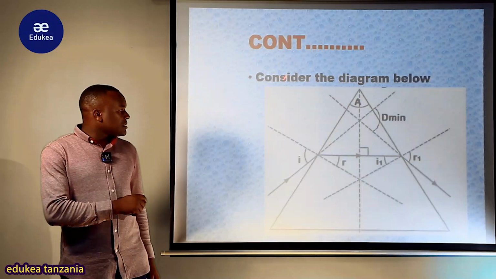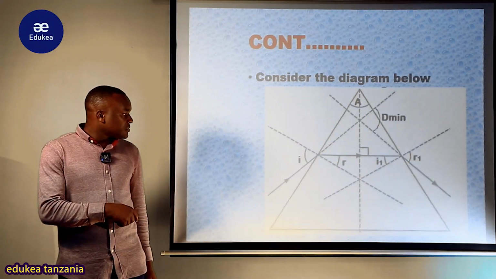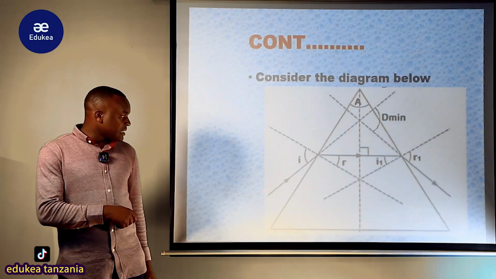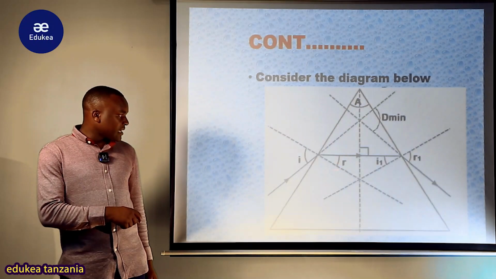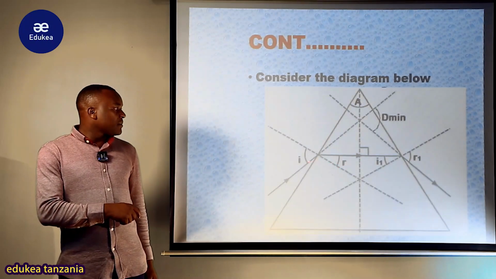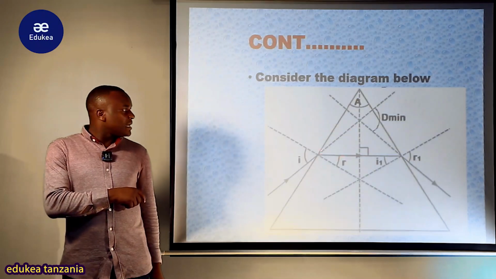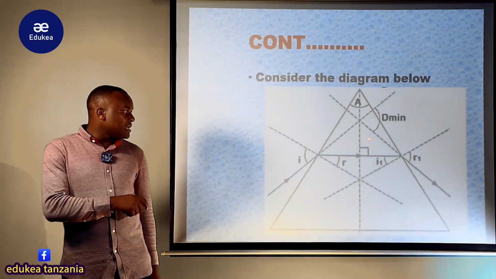So unaweza consider kwa namna nyingine tena, consider the diagram below. Kuna hii diagram hapa ni incident ray, this is incident angle, this is a refracted angle. Hizo tunazijua. Ukimaliza unaendeleza huu mstari wa incident ray, unakuja kuendeleza na huu mstari wa emergent ray.